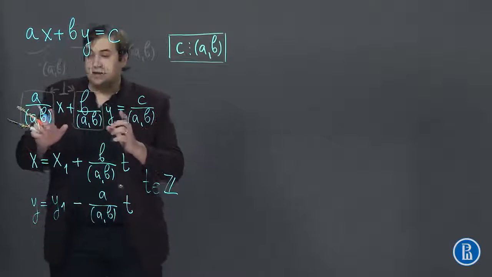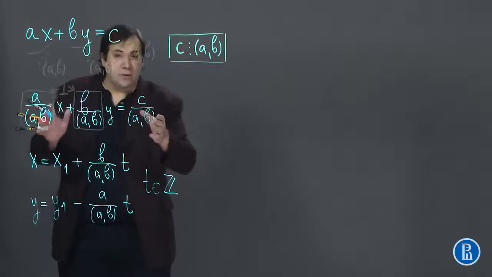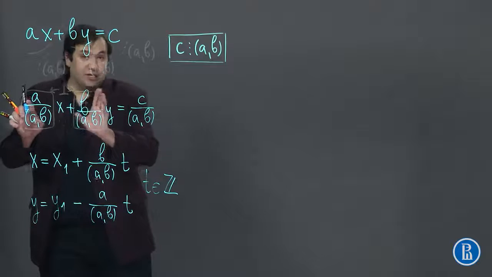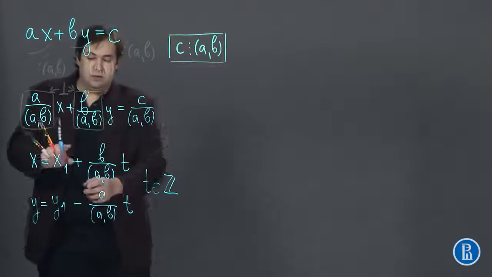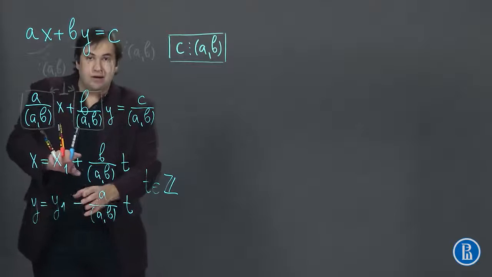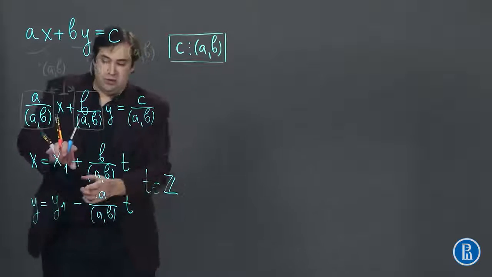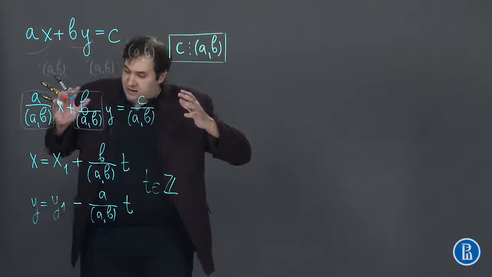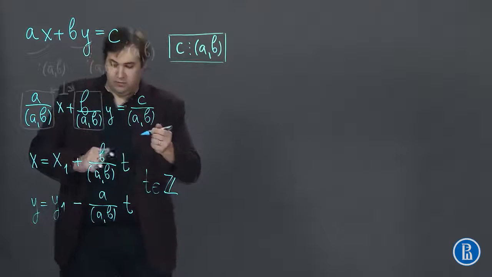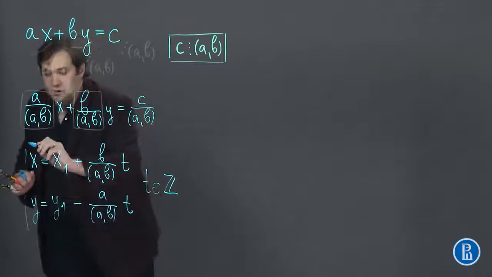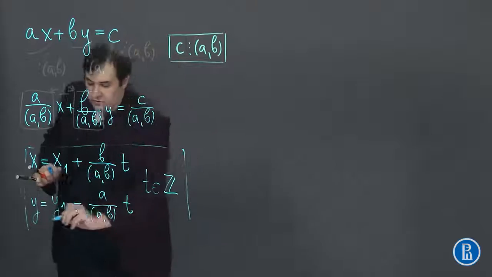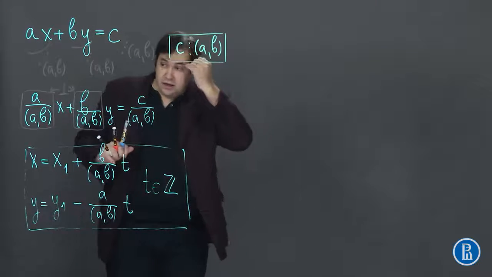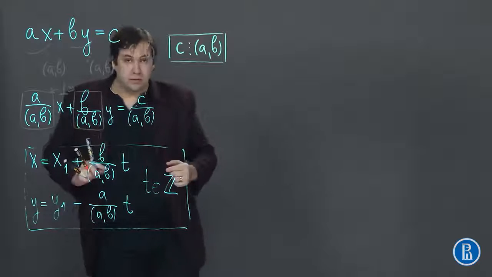And in case that in our original equation we had plus here and minus here, for instance, then we would use the same signs here. And it doesn't matter whether we use both pluses or both minuses. These are the general formulas for the solution of a linear Diophantine equation with two unknowns.